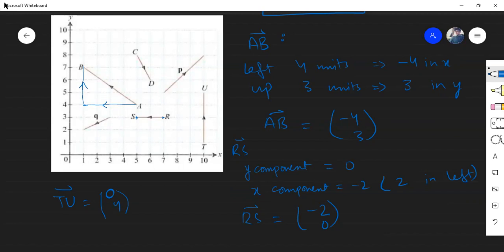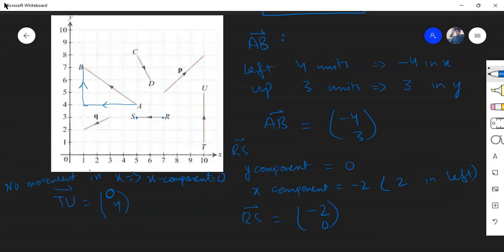That's why I asked if you're sure. Because there is no movement in the x direction, which implies that the x component is equal to 0. So TU is (0, 4).